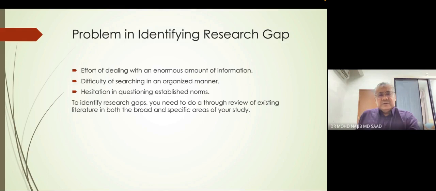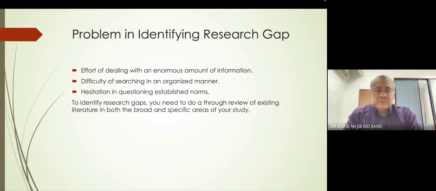Next step is, what are the problems in identifying a research gap? Some of the problems that I found being faced by researchers, students, or PhD students out there: number one, the effort in dealing with an enormous amount of information.